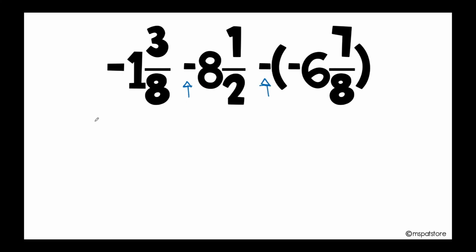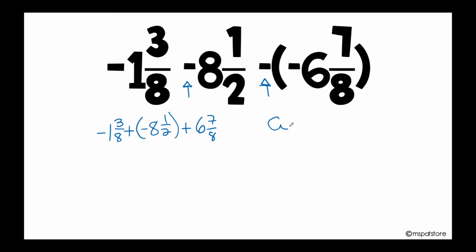So let me bring down negative 1 whole and 3/8, okay? And then I'm going to add the opposite of positive 8.5. It will be negative 8.5. Again, I have another subtraction right here, so I'm going to add its opposite. In this case, it will be positive 6 and 7/8, because that's the opposite of negative 6 and 7/8.